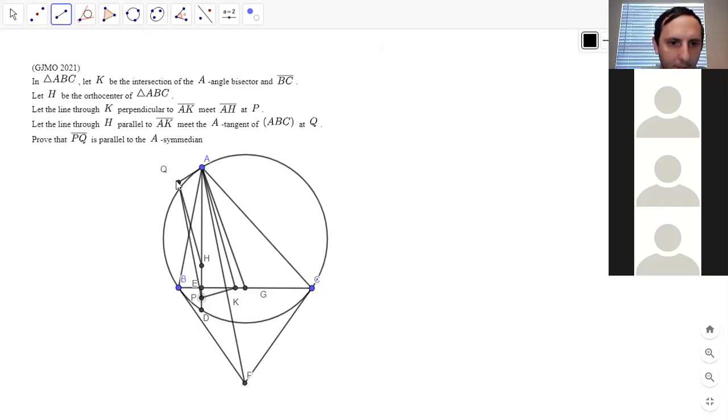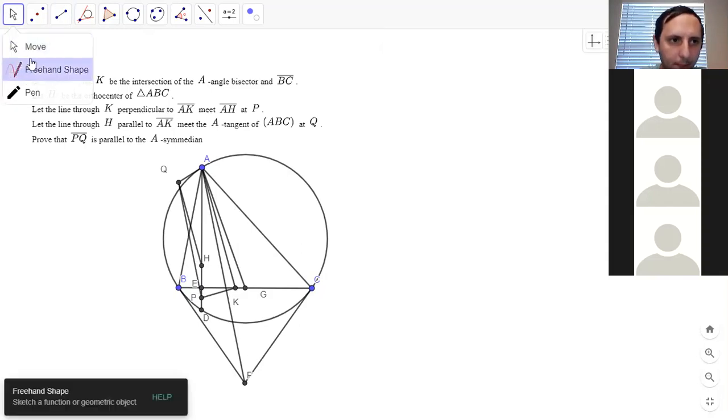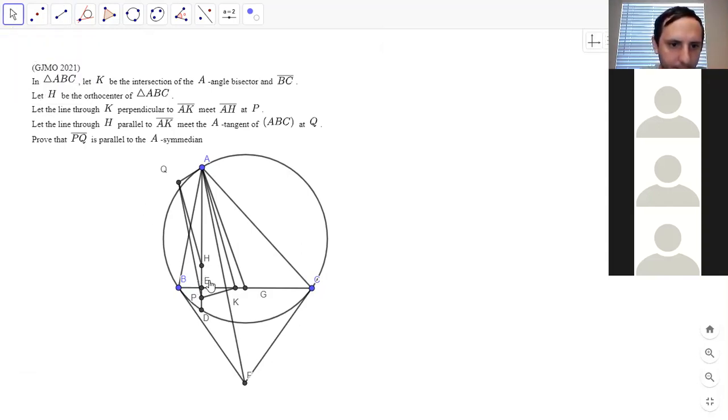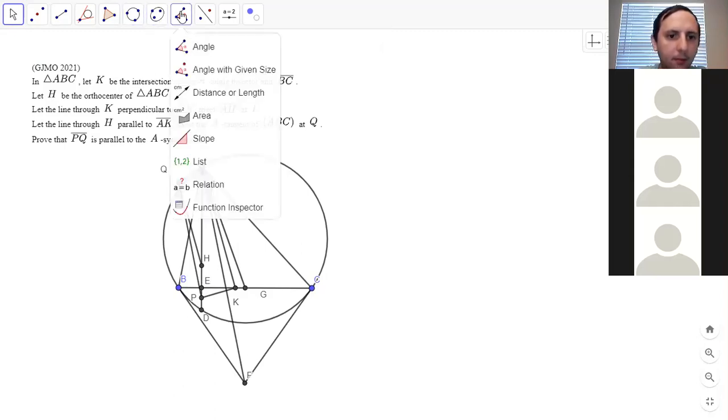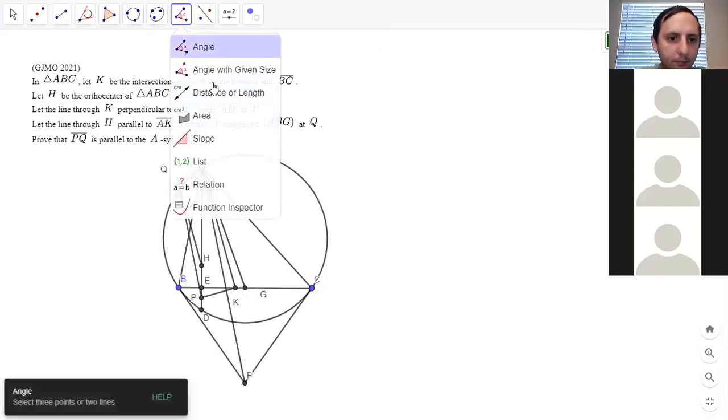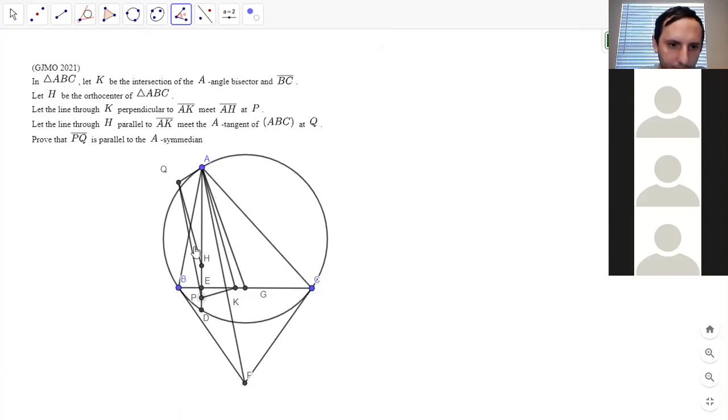All right. So I wonder if angle PQH equals angle KAG. I don't think so. I think it's bigger. So that's 4.33.